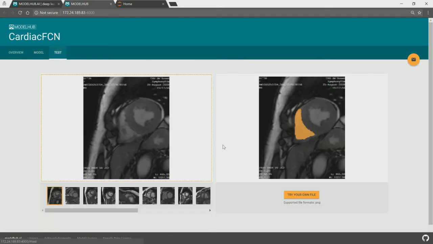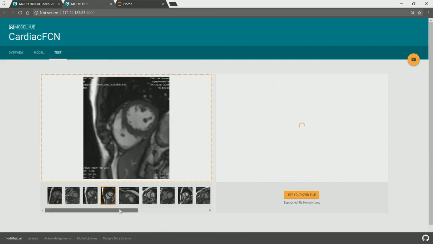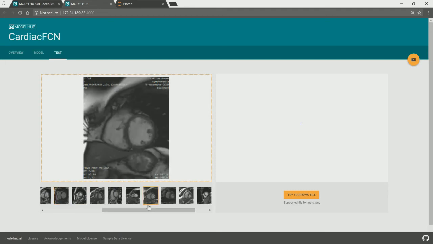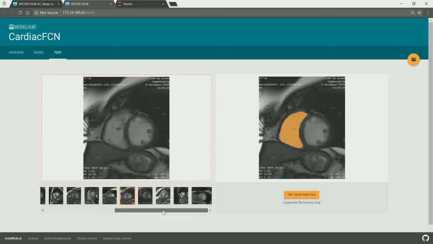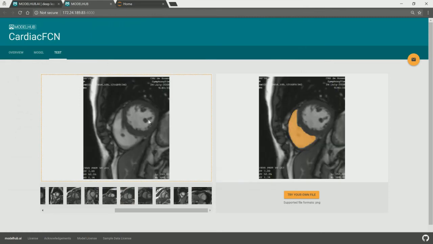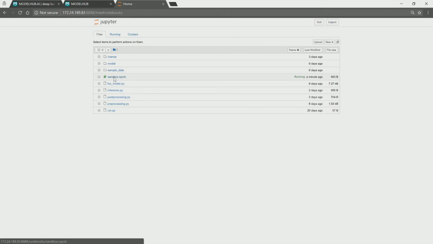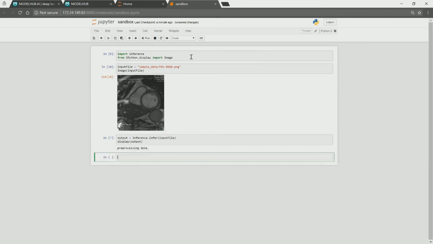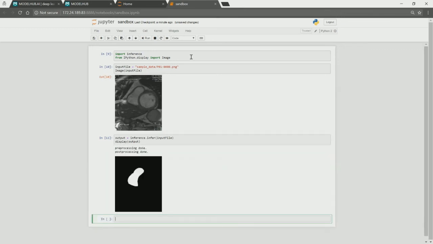And here we have a few sample images, in this case, right ventricle segmentation in MRI, also with the ability to test on your own images. Finally, we also have notebooks for more advanced users, where users can interact with the model in a standard Python API that is standardized across all models.